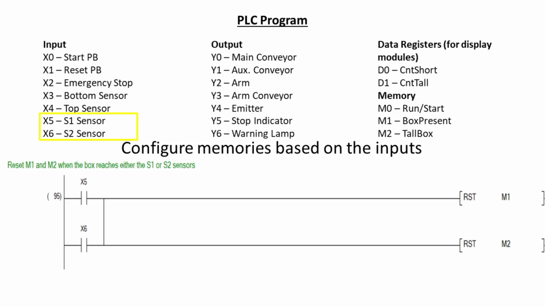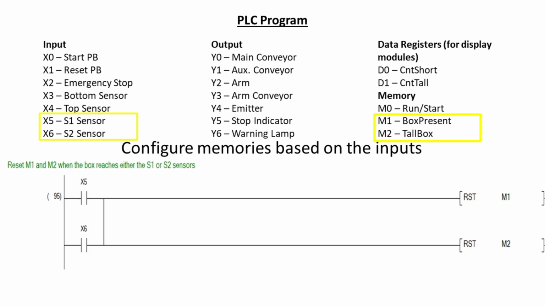When any box reaches either the S1 or S2 sensor, it signifies that the sorting process for that particular box is finished. Previously, this box triggered the setting of the M1 and M2 memory bits to a high state. Therefore, when either the S1 or S2 sensor is triggered, we can reset both the M1 and M2 memories simultaneously.